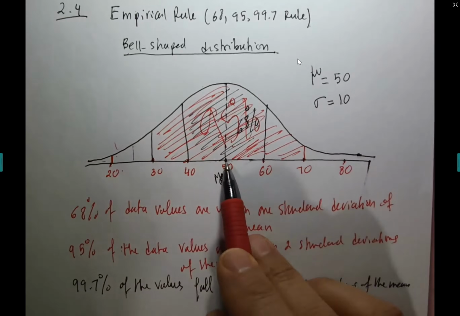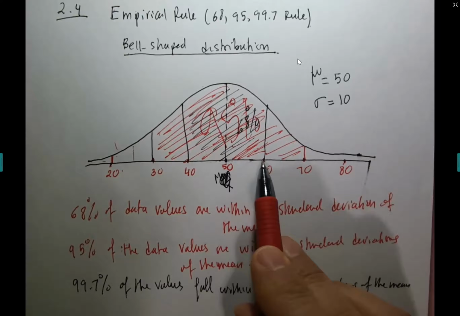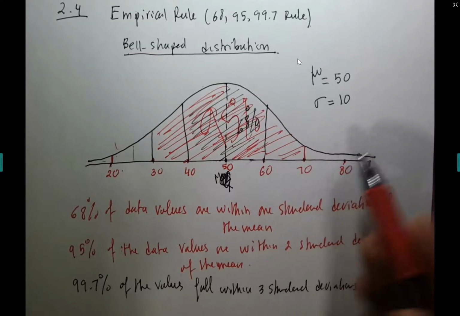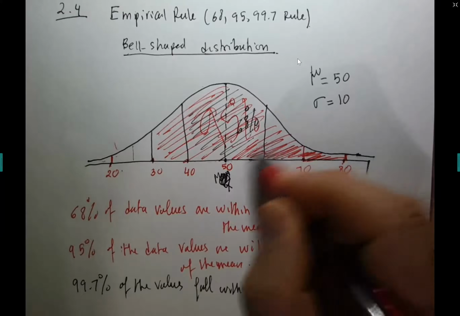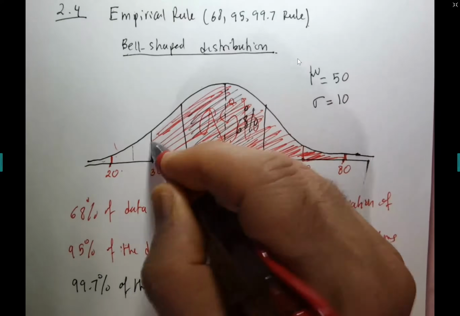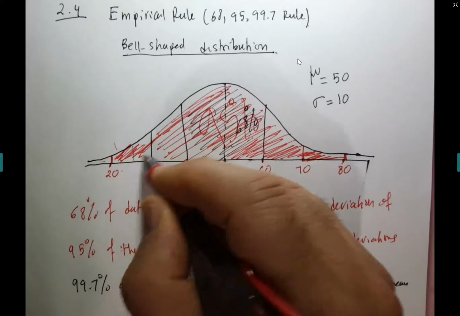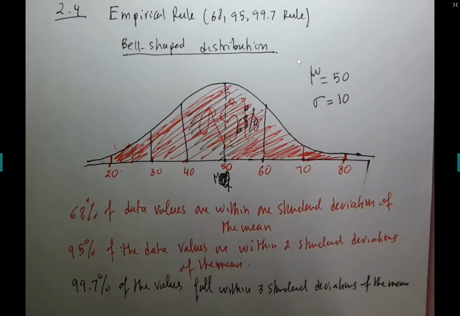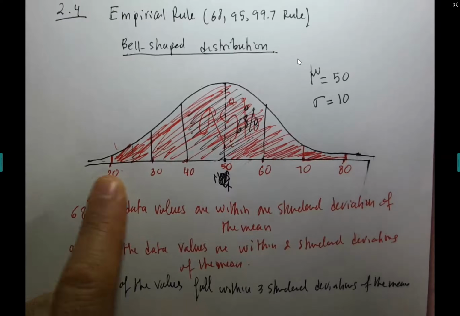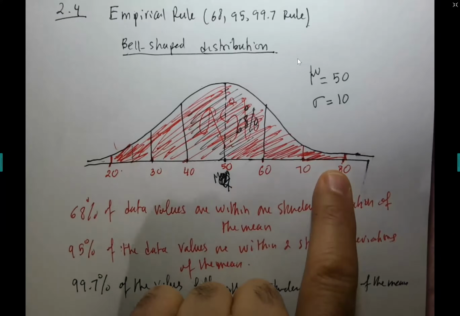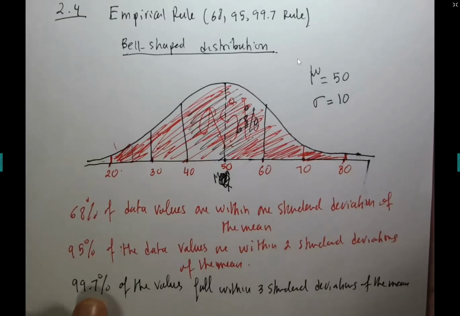And if you go from 50 and add three standard deviations, 60, 70, 80. And now if I shade all of this, you can see, guys, it almost covered the entire data set, 99.7%. We're still missing a little bit from 100%.